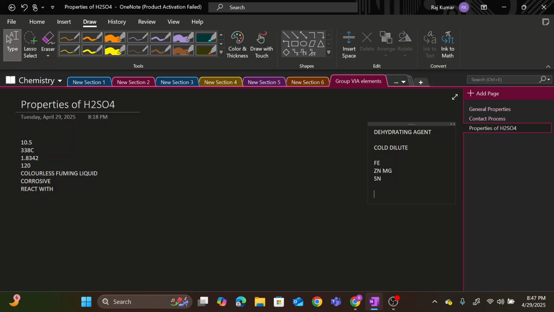Other metals, such as copper, silver, and mercury, can make metallic sulfates with the help of hot sulfuric acid, while gold and platinum do not react with sulfuric acid.